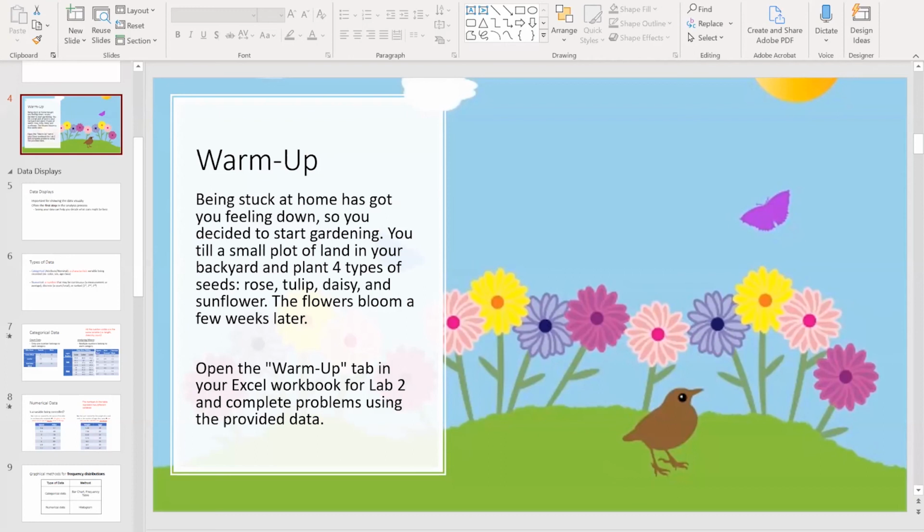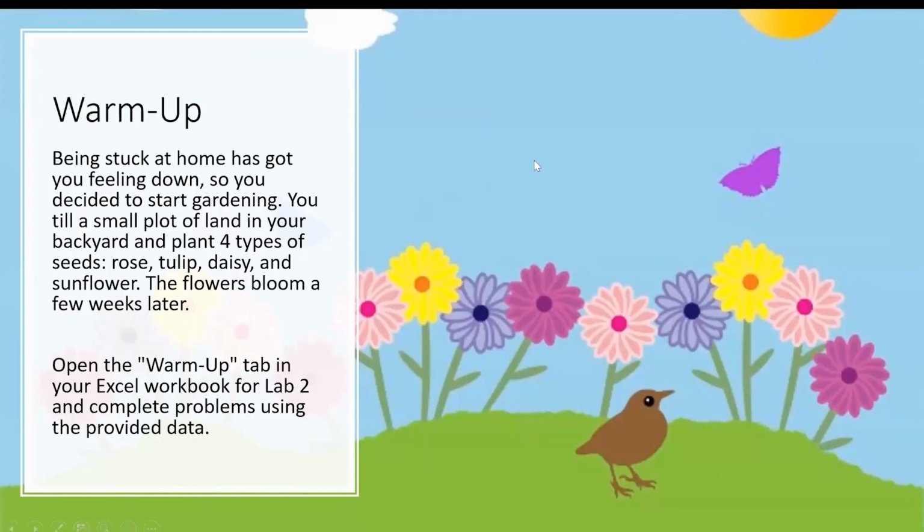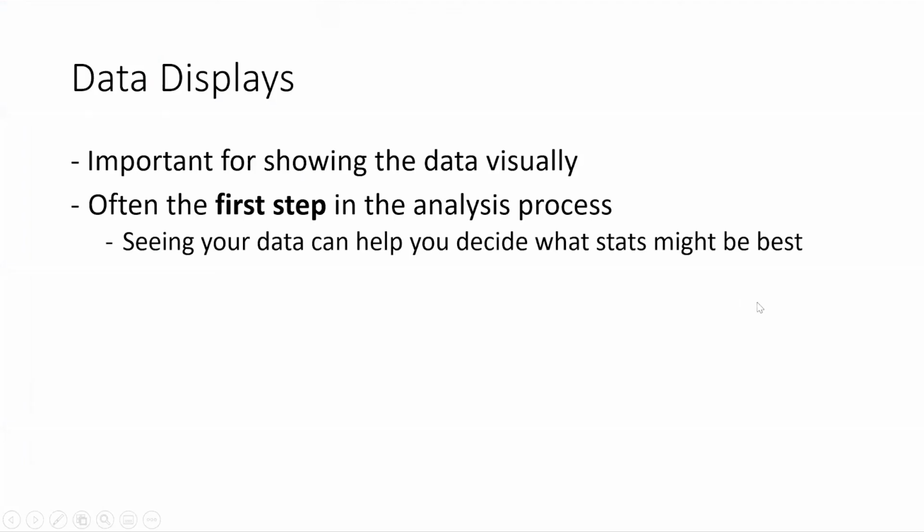Okay. So if there aren't any other questions, we'll go ahead and start discussing data displays. So data displays or visualizations or figures or whatever you want to call them are really, really important for showing the data visually, right?